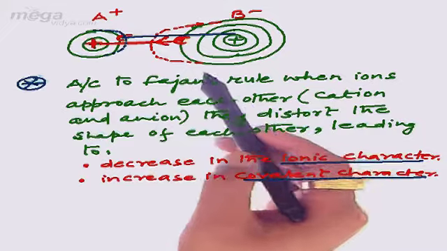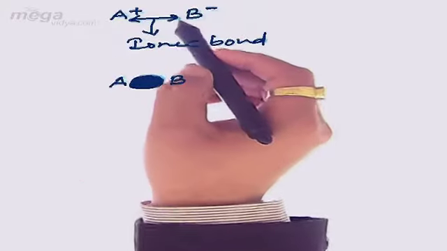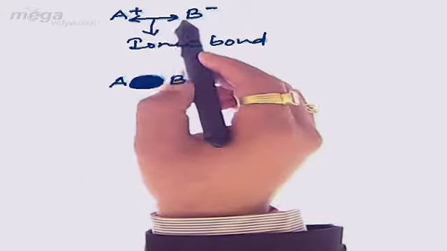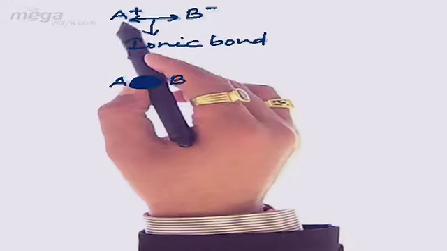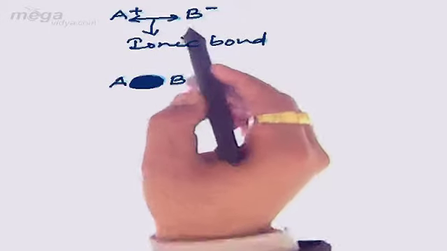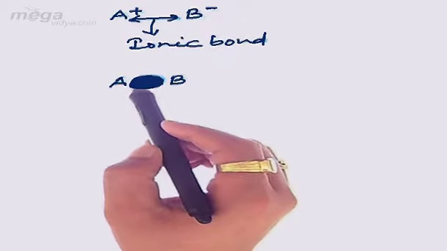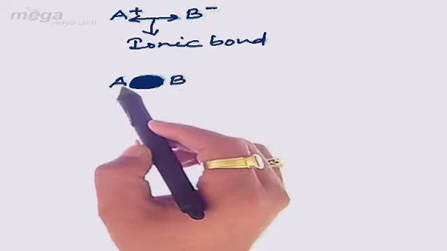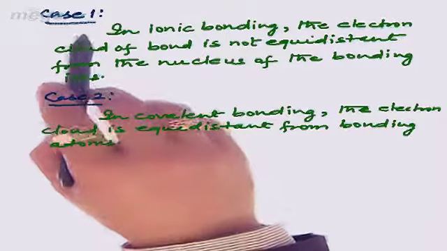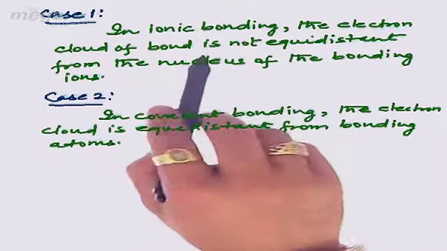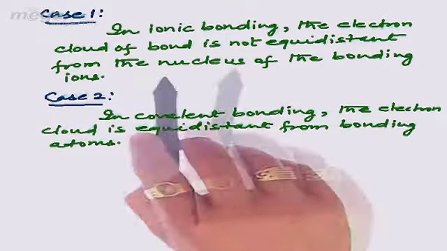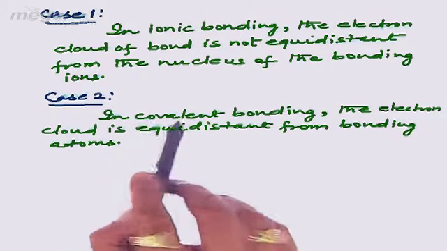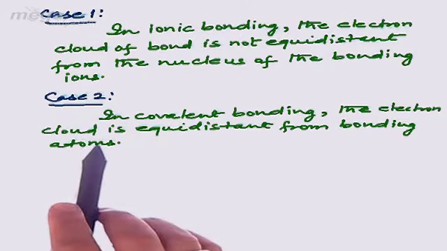So in ionic bonding, the electron cloud of the bond is not equidistant from the nucleus of the bonding ions, whereas in covalent bonding, the electron cloud is equidistant from the bonding atoms.